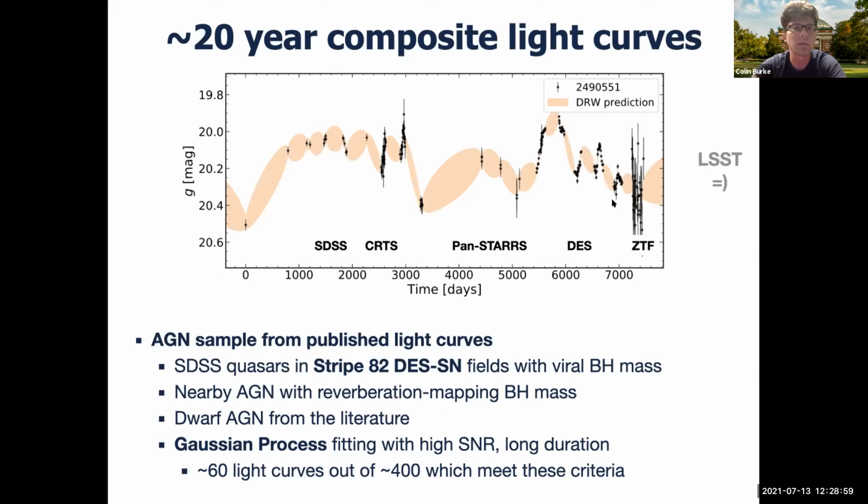So that's the strength of the Gaussian process fitting. So in the end, we have roughly 60 light curves out of our parent sample of 400 that met the duration and quality constraints. And I'll talk about LSST at the end, and this is really going to help us get even longer light curves in these fields, which will continue to be monitored by Rubin.